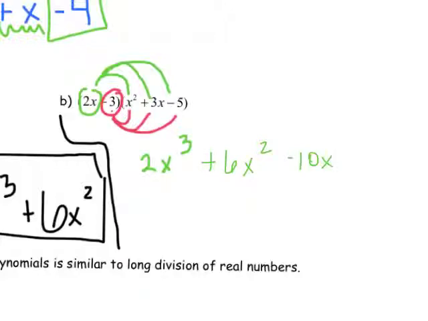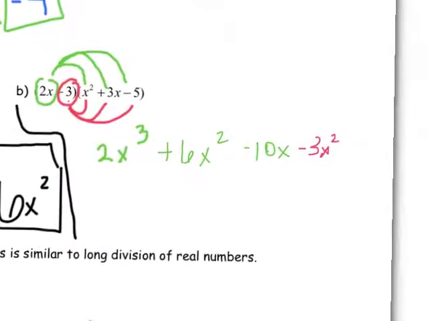Now I'm doing negative 3 times x squared is minus 3x squared. And then I'm doing negative 3 times 3x is minus 9x. And lastly, I'm doing negative 3 times negative 5 makes positive 15.